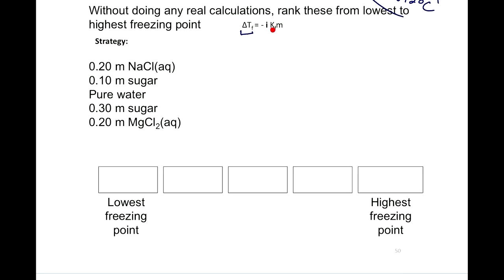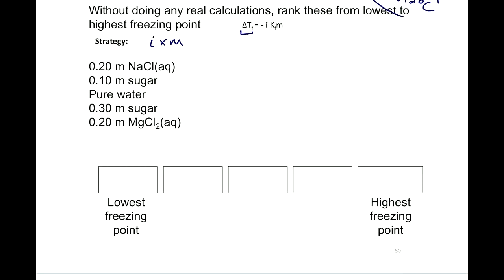K_f, this constant, is it going to be different for any of these calculations? No, so we can just ignore that value, but molality might be different for these different solutions. So our strategy is let's compare the i times m product for all of these different solutions.